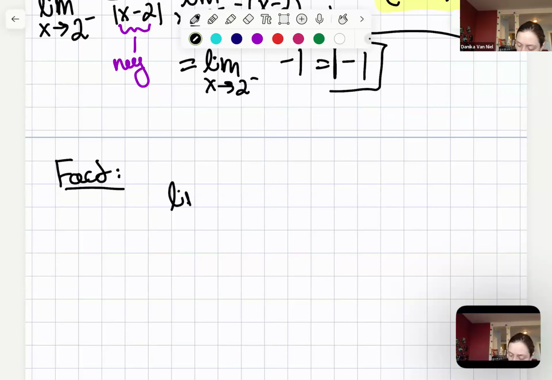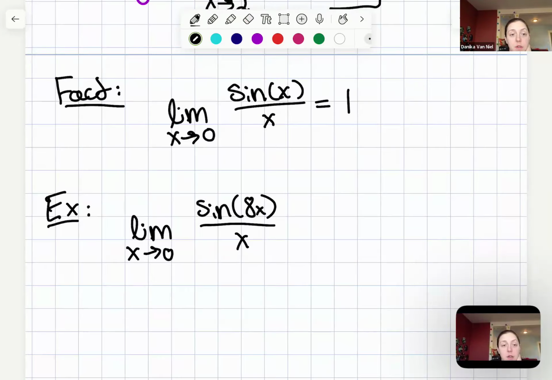It's the fact that the limit as x approaches 0 of sine of x divided by x looks like it's going to be 0 over 0, but somehow these cancel out to be 1. Again, just not obvious. And it looks like this example that I wrote down should also just cancel to be 1, but that's actually not the case.